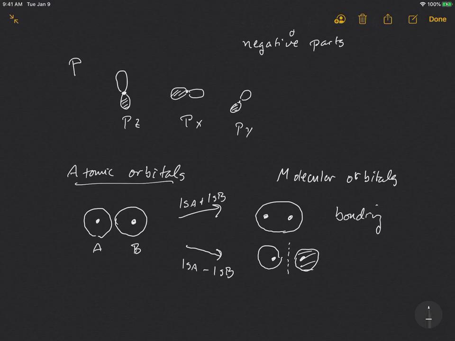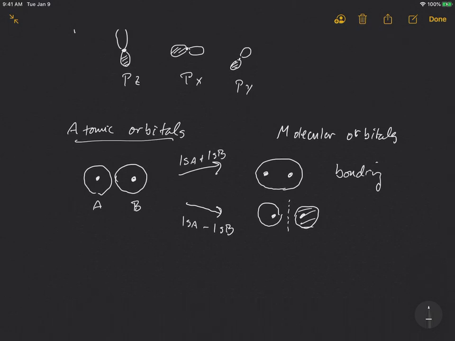And so in the context of this course, this is what I'm looking for when I'm asking for a molecular orbital for the case of, say, 1s. Now, when we want to combine p orbitals, things get a little bit more complicated.